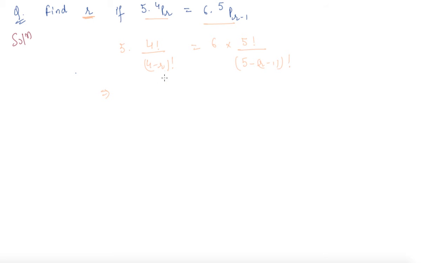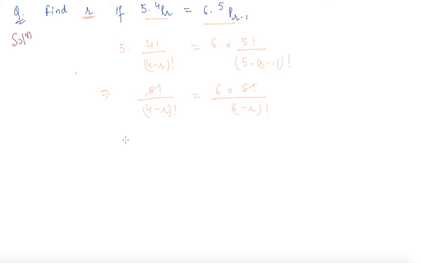So 5 into 4 factorial is 5 factorial, upon 4 minus r factorial, equals 6 into 5 factorial upon 5 minus r plus 1, so it is 6 minus r factorial.